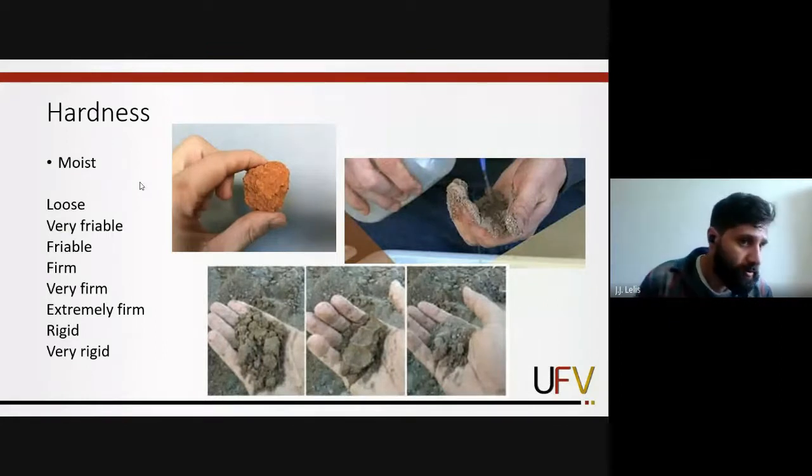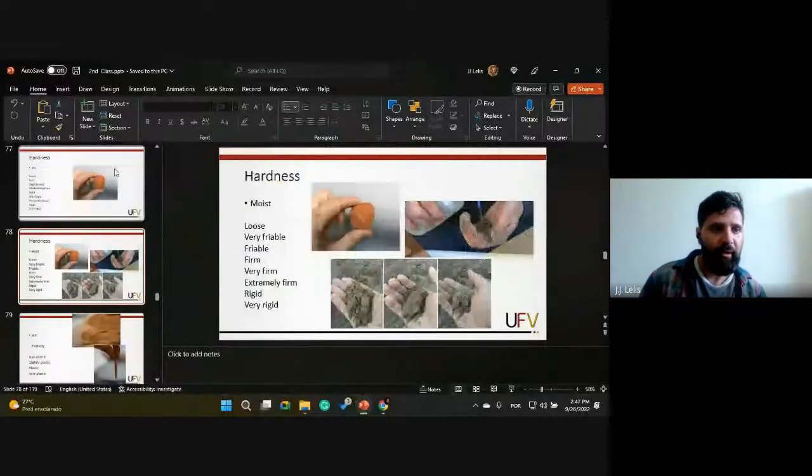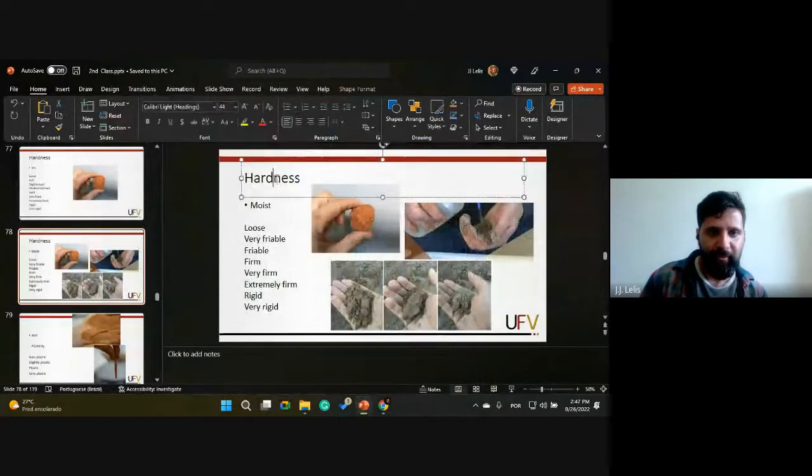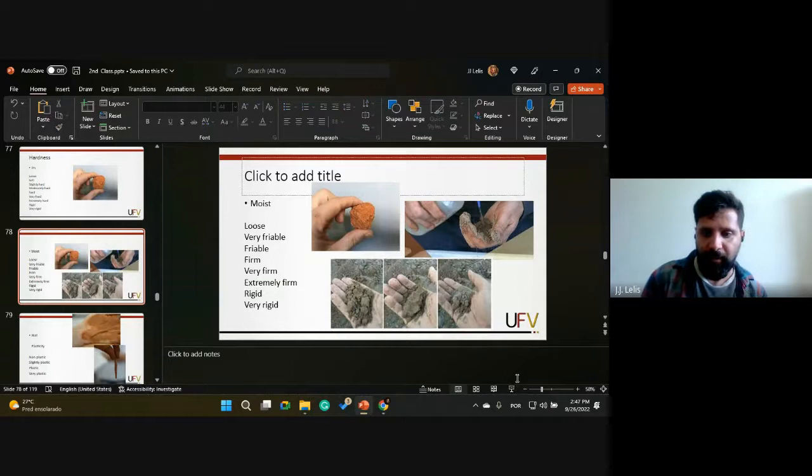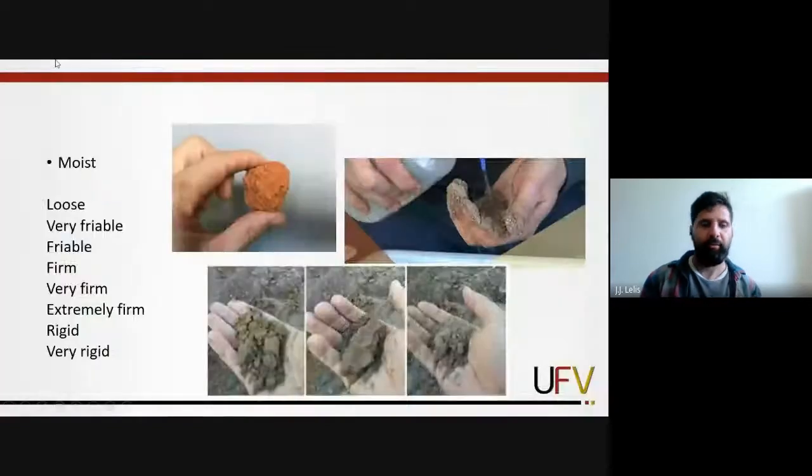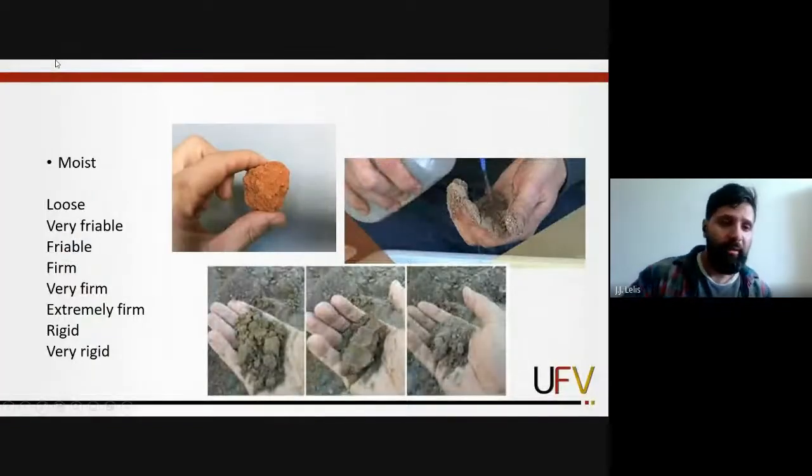We should describe the consistency when it is moist. I'm sorry, it's not hardness, so let me change this. When we describe the consistency of the moist material, we should describe whether it is friable or not, and firm or not.